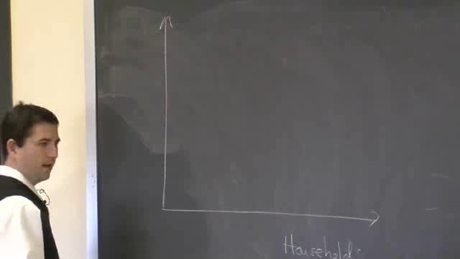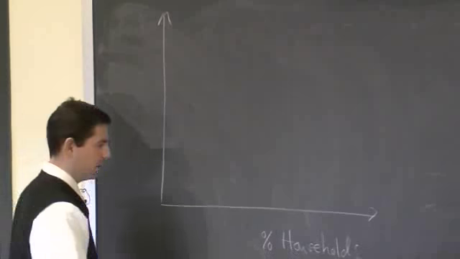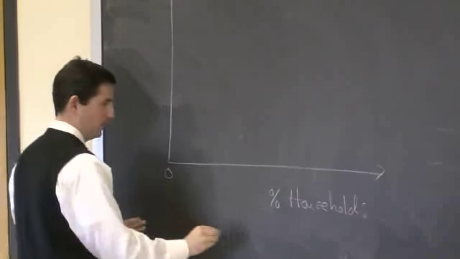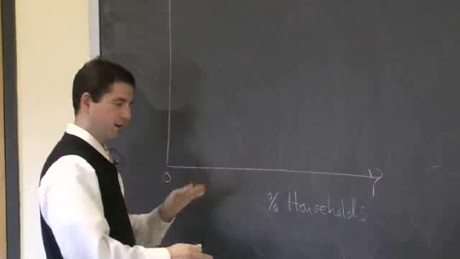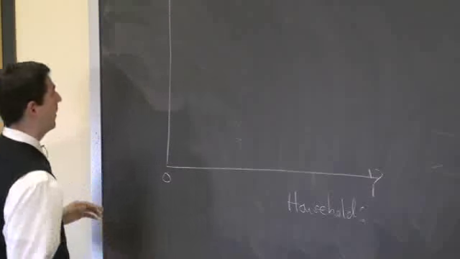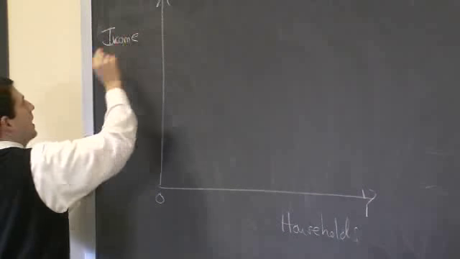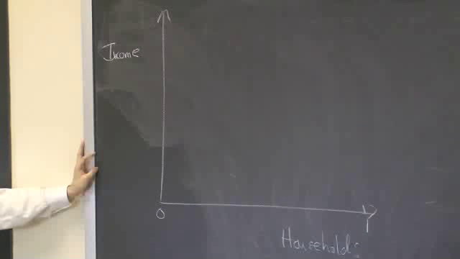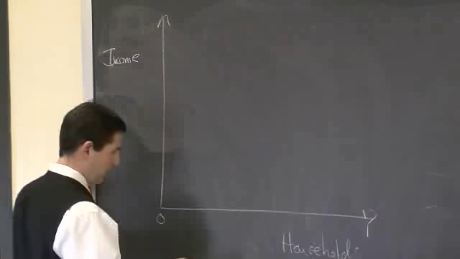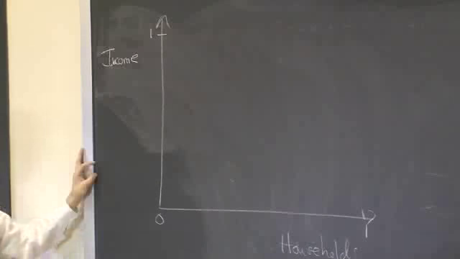On the x-axis, we're going to put households, or sometimes percentage of households, but I'm just going to set this up to be between 0 and 1. So any percentage, you just divide by 100 and you get a decimal between 0 and 1. And up here, I'm going to put income, and again, this is also going to be between 0 and 1.